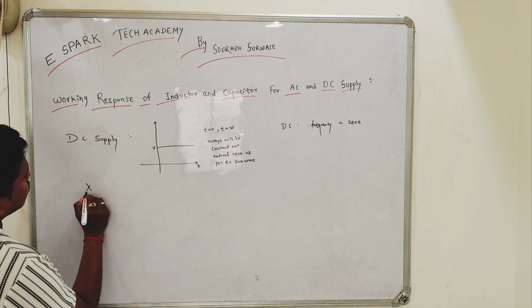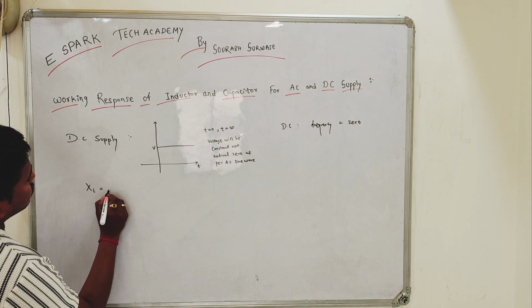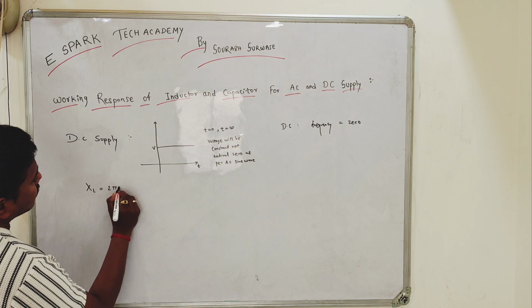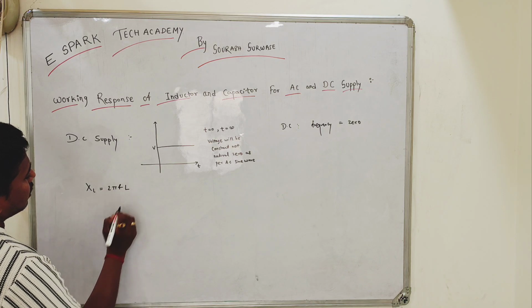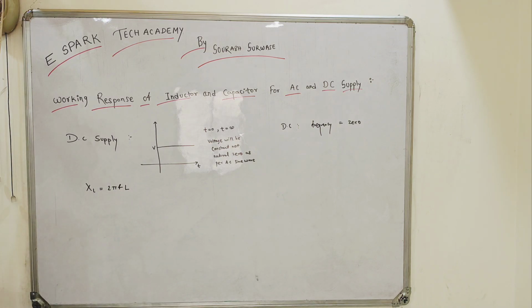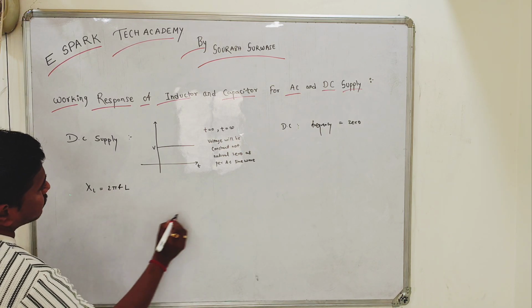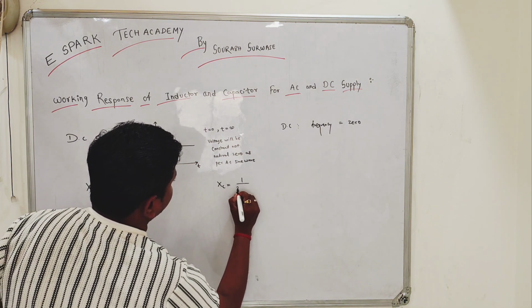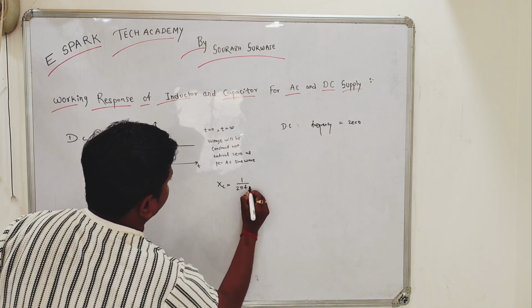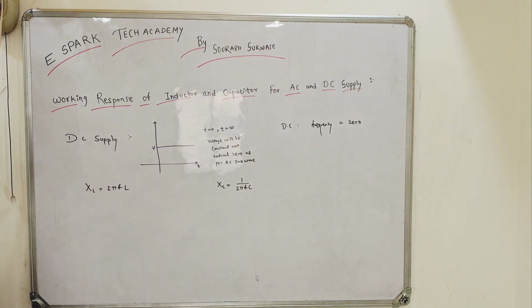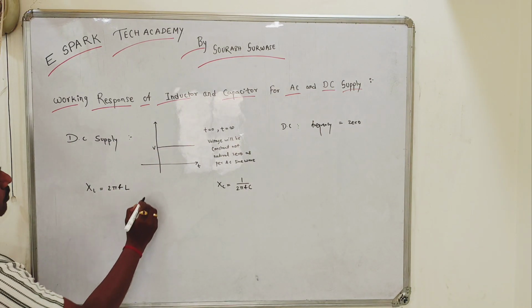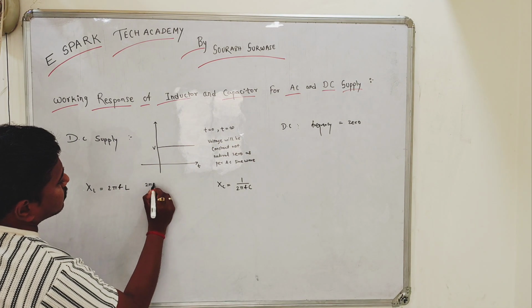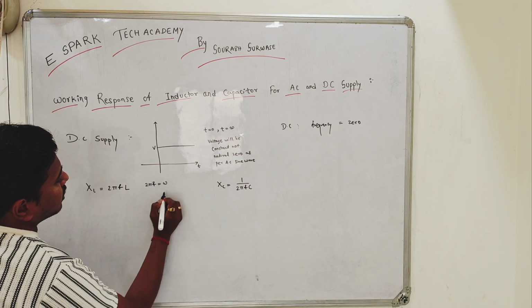Now, you know XL is equal to 2 pi F into L, and XC is equal to 1 upon 2 pi FC. In this case, 2 pi F is nothing but omega.